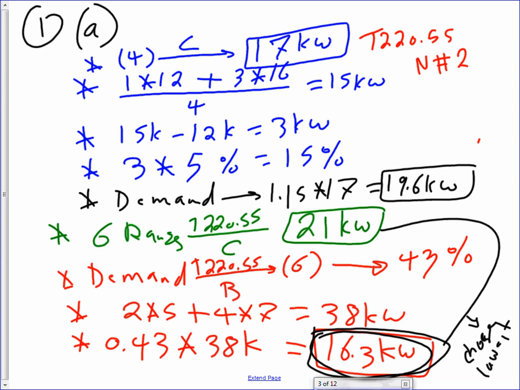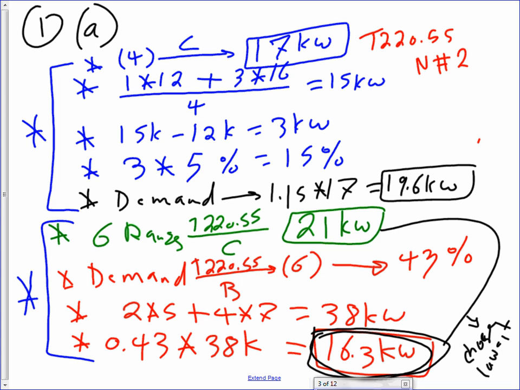Okay, so we got these together. Then the next, guys, you add the two. This demand was for this step here, and I have a demand for the second step. This calculation is for one set of ranges, another set of ranges.